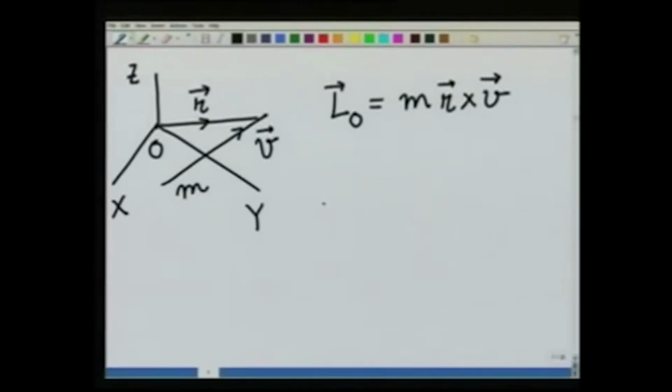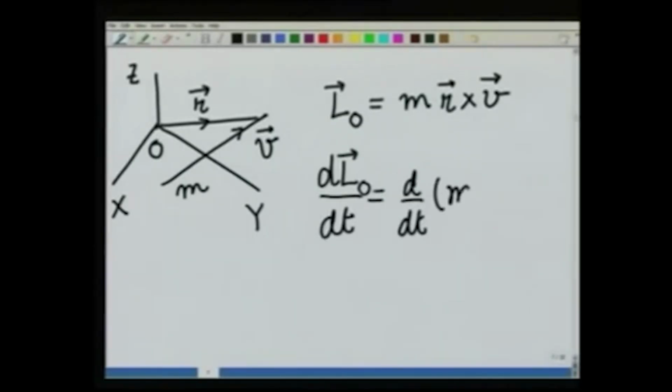How about the dynamics that I was talking about? The change in angular momentum with respect to time, analogous to what we learned in single particle dynamics as change of the momentum with respect to time. Here we discuss change of angular momentum with respect to time, which is going to be equal to the derivative of m r cross v. I am now going to use the chain rule for differentiation.